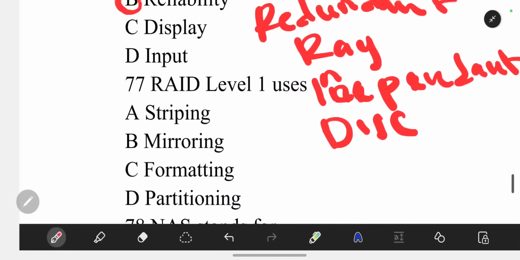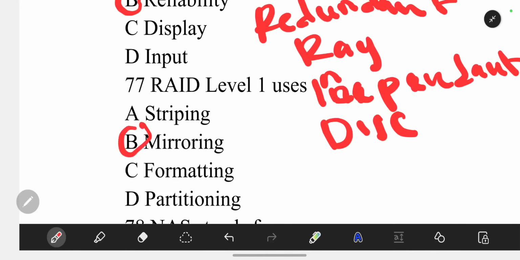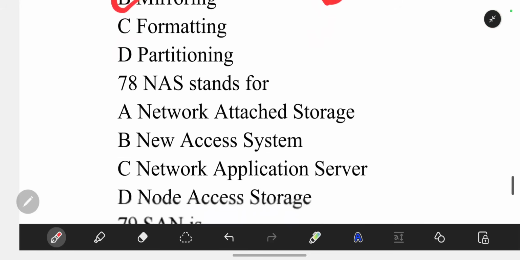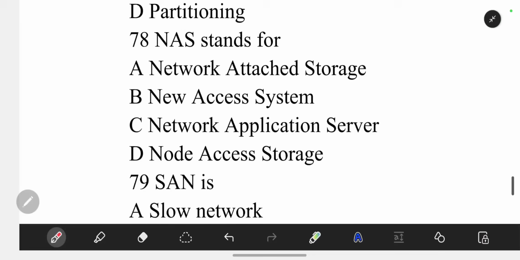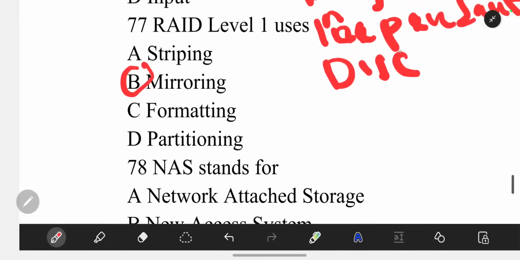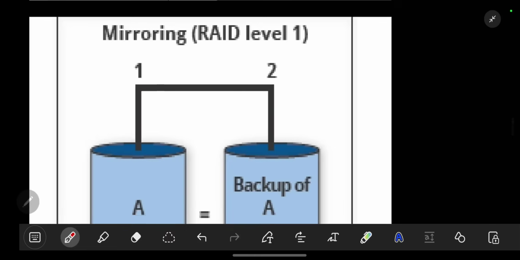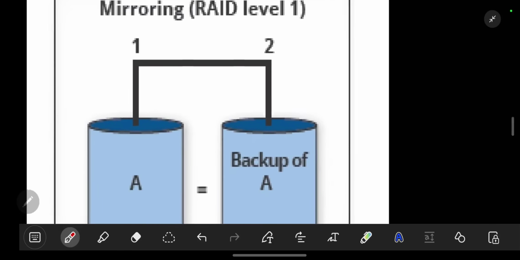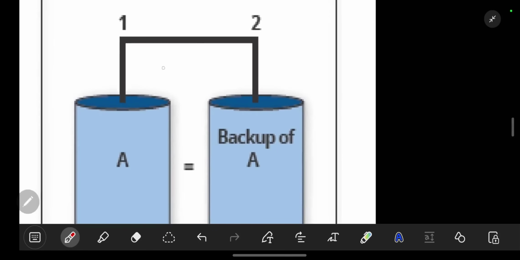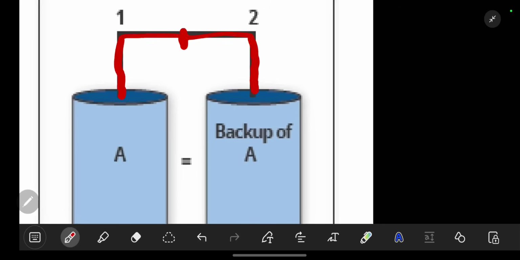The RAID level 1 is used in mirroring. I'll explain this. Is there any other one? Okay, so that's the only two. So let me explain them now. So this is RAID 1, which promotes mirroring. What it does is that information is stored in the exact same way. That's why it's called mirroring.